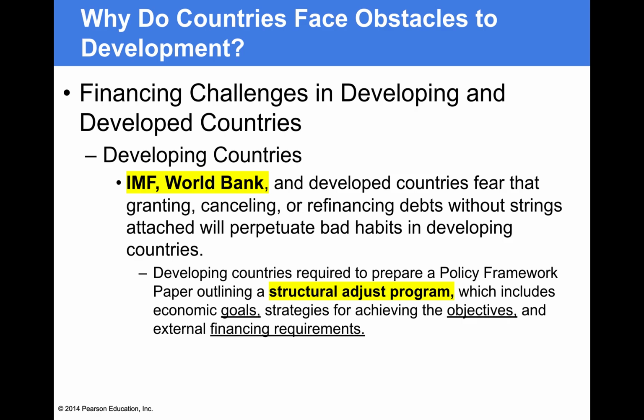Well, the structural adjustment programs are an austerity approach by the IMF and World Bank, meaning that they are providing steps or economic goals and objectives to meet the financial requirement. So really what we're seeing is economic reforms or adjustments, goals and strategies for achievement.